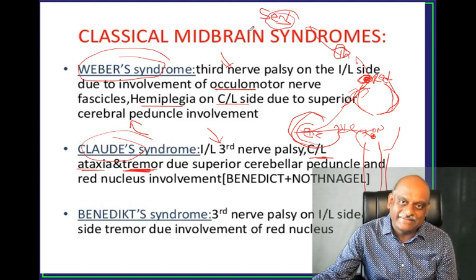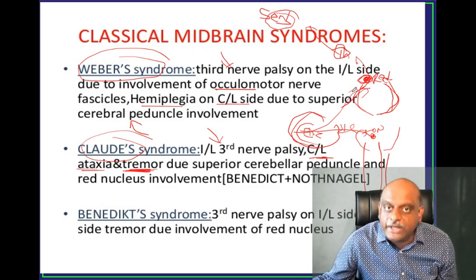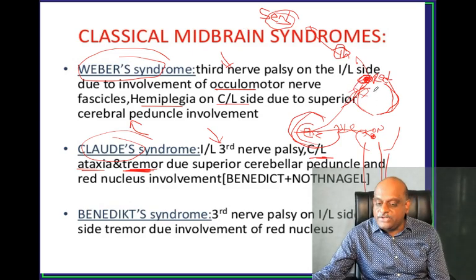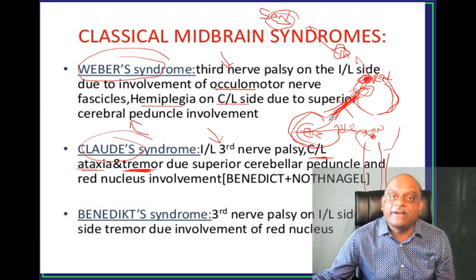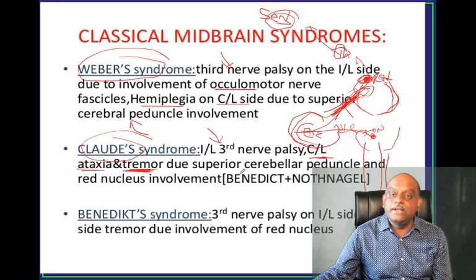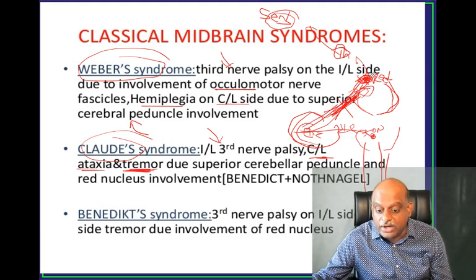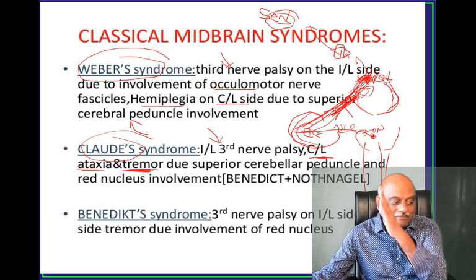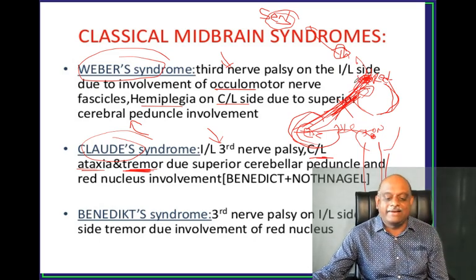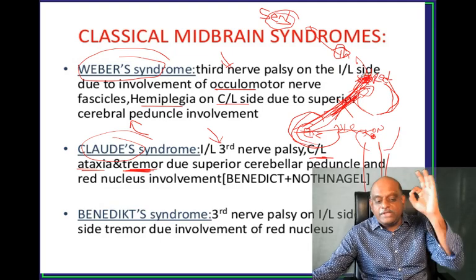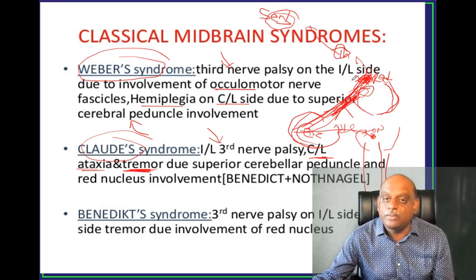It is called as such. So whenever Claude syndrome is happening, the midbrain is involved, and even this superior cerebellar peduncle is also affected. So that is the reason the red nucleus gets affected. The red nucleus is not getting communication from the cerebellum. That is the reason you get tremor. Because of the superior cerebellar peduncle and red nucleus involvement, that is called Claude syndrome.